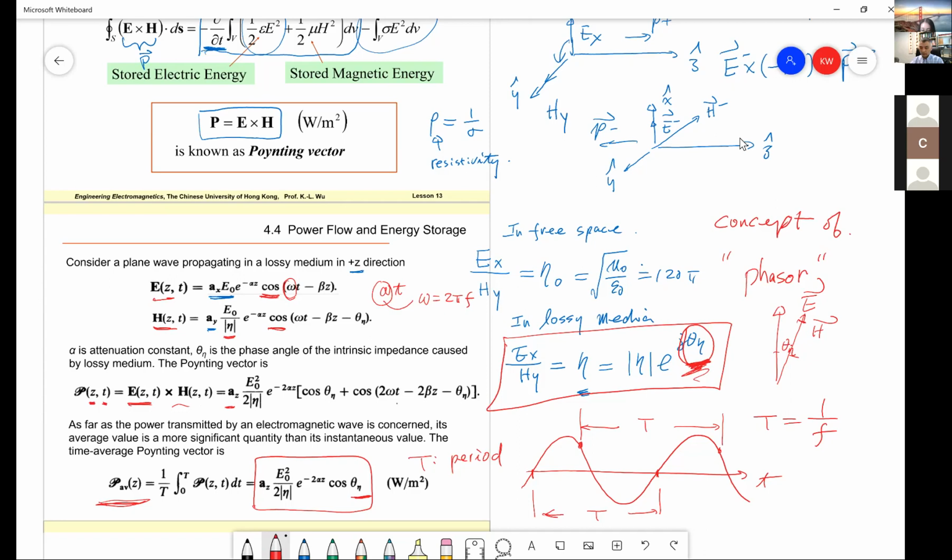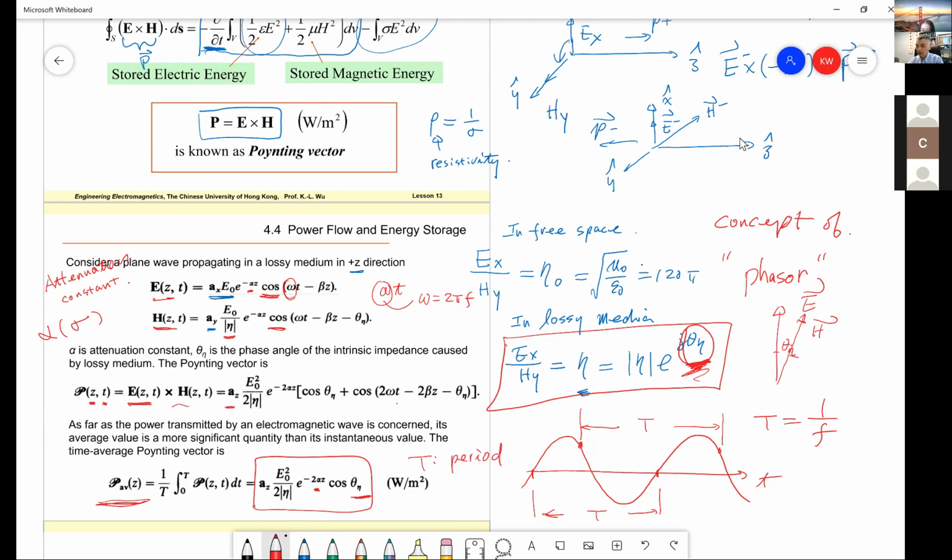Also, another thing is the alpha. I'd like to draw your attention to alpha. This alpha comes with the original field expression. We call it the attenuation constant. Alpha is a function of conductivity.